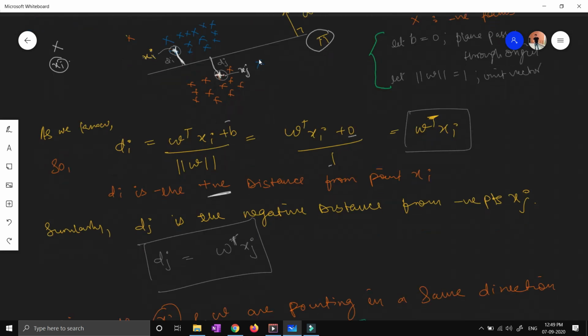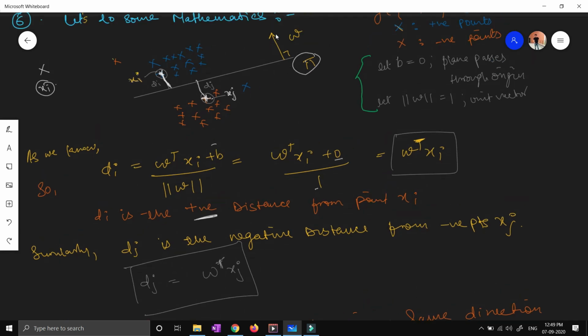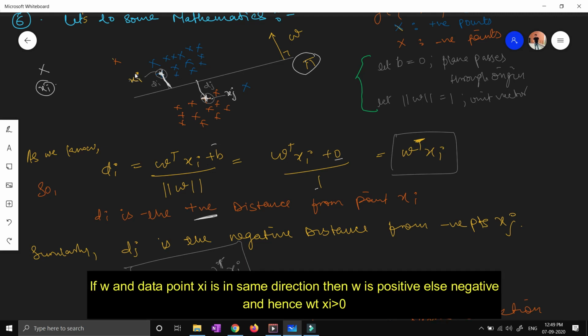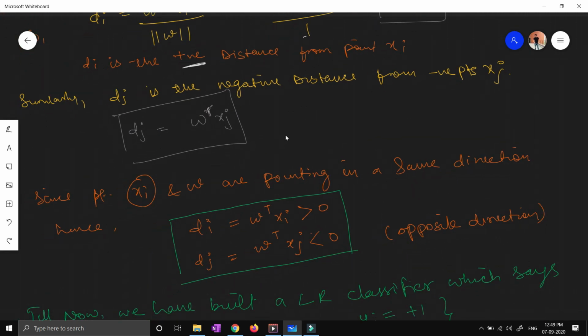And if it is in the opposite direction of w, like xj, which is downwards while w is upwards, then it is negative. So xi belongs to the positive class and xj belongs to the negative class.